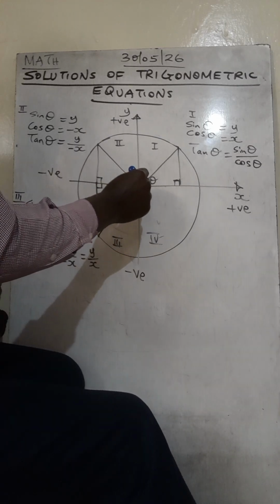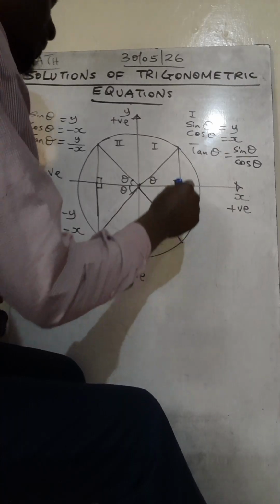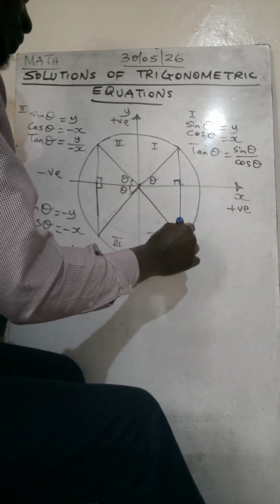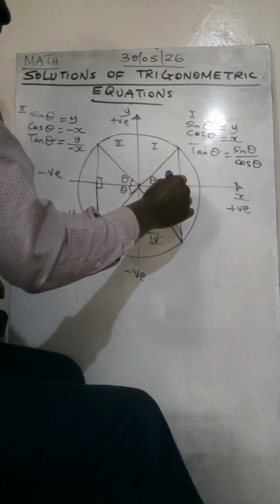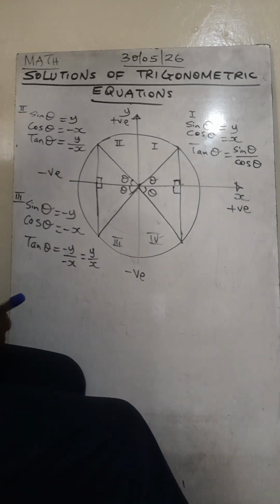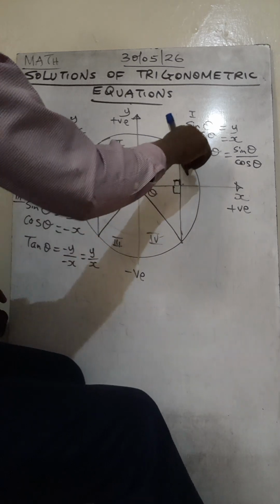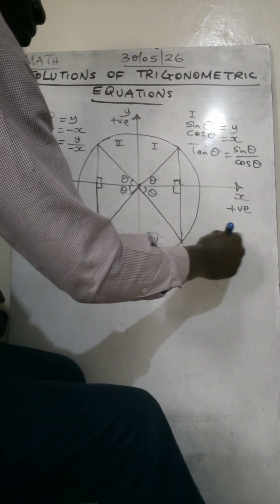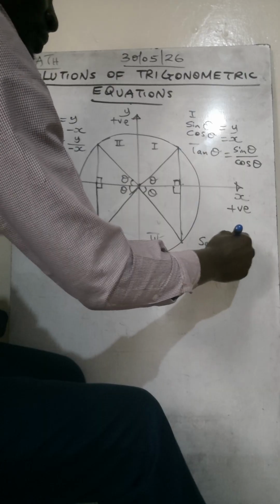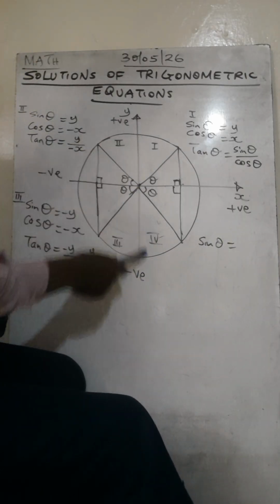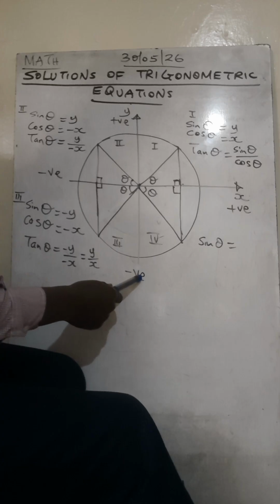In the fourth quadrant, lastly, draw the right angle triangle here, bring theta here. Sine is supposed to be changing y values. And what is the y value here? We are talking about the y-axis, we are here, so the y-axis is negative.